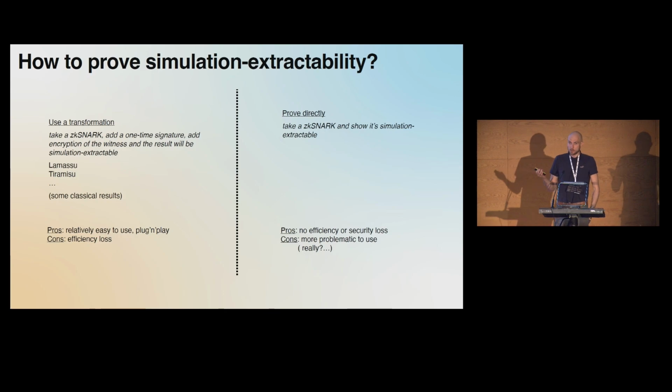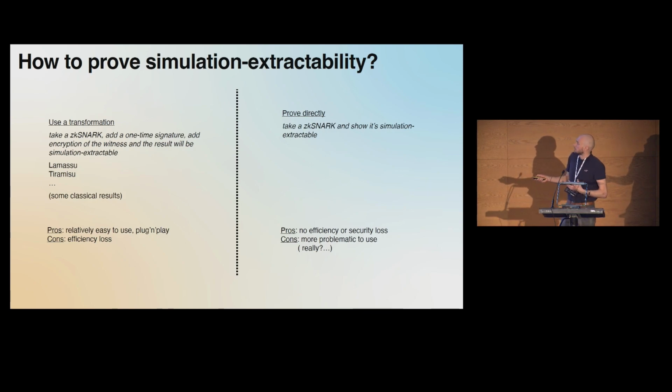So how can we show that a SNARK is simulation extractable, or non-malleable? We can use basically two routes. One is we can use a transformation. We have a number of available transformations that basically take a SNARK and add some elements to it and make it non-malleable this way. For example, this transformation may add a one-time signature, may encrypt the witness, and also show that the encryption is correct.